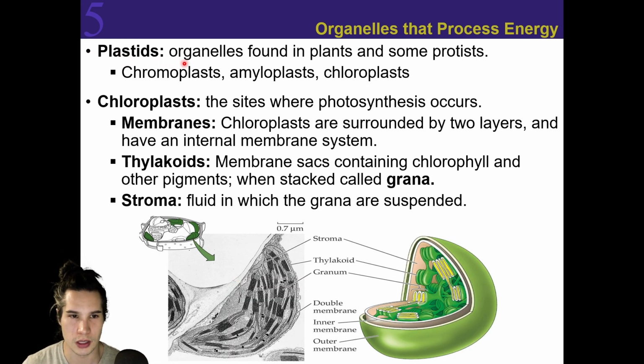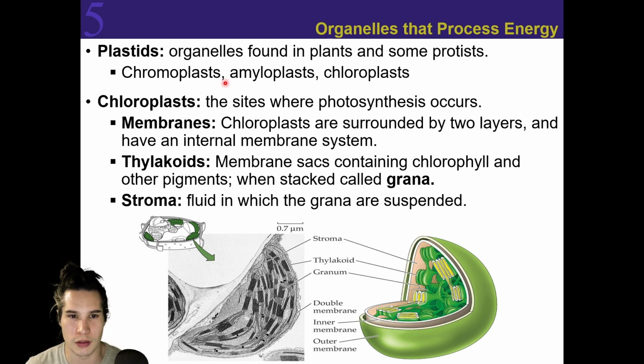Now we have plastids. These are just going to be organelles that we find in plants and some protists. Protists are going to be a type of single-celled eukaryotic organism. Now plastids can have a variety of functions. A few of those subtypes of plastids, we have chromoplasts, which are just going to be plastids that contain a bunch of pigments.